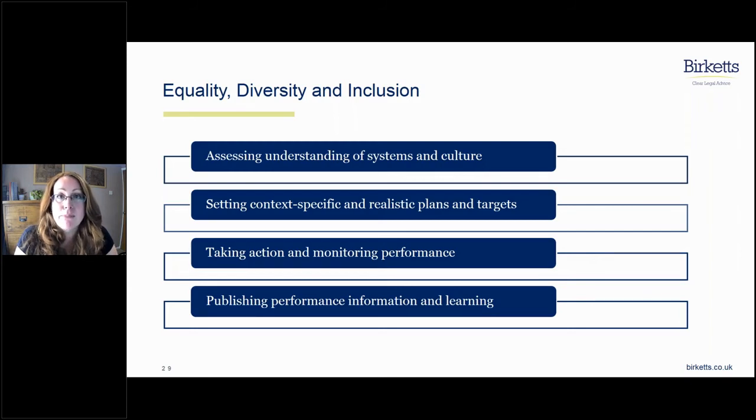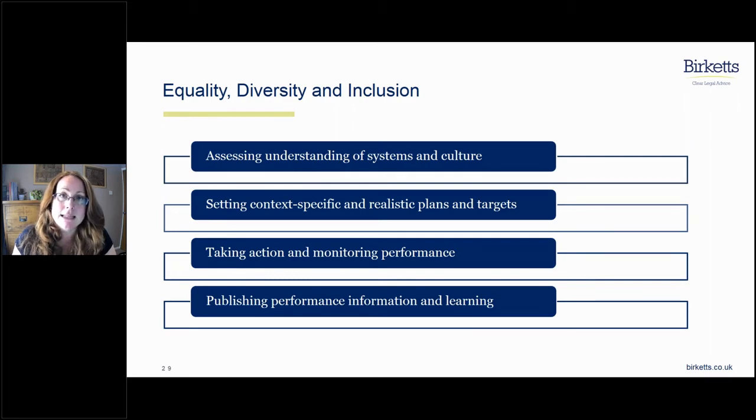Taking action, being proactive about this and monitoring performance, welcoming diversity of views and welcoming that very inclusive approach in your decision making, which is then very visible and transparent throughout the organisation and externally. So publishing your performance, publishing what you are trying to achieve and your progress against those goals can be a really great way of demonstrating your commitment to embedding principles of equality, diversity, and inclusion within your organisation.